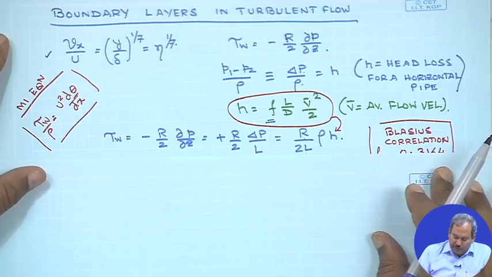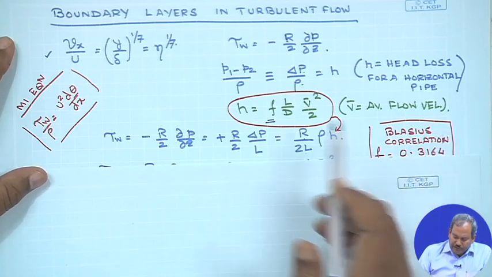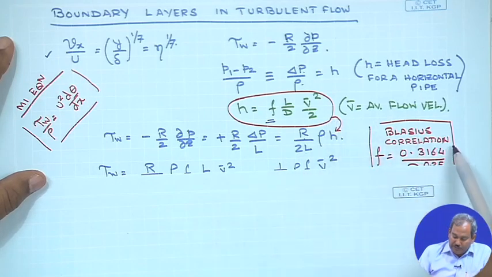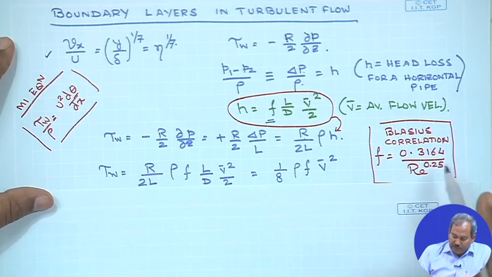Now if you remember your fluid mechanics, the Moody diagram and so on, the friction factor for a smooth pipe can be expressed in terms of the Blasius correlation. Again, I would request you to take a look at basic textbooks in fluid mechanics, which deal with the friction factor. The Blasius correlation gives f, the friction factor, as a function of Reynolds number to the power 0.25.